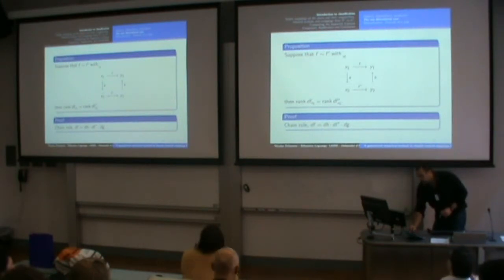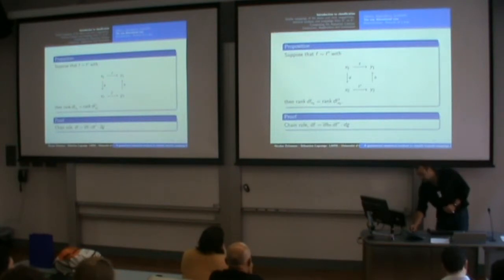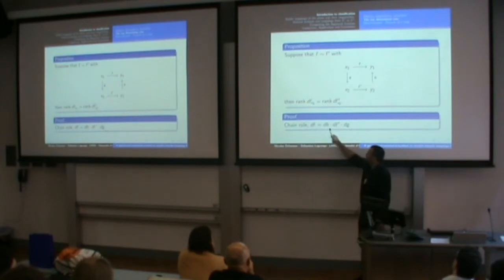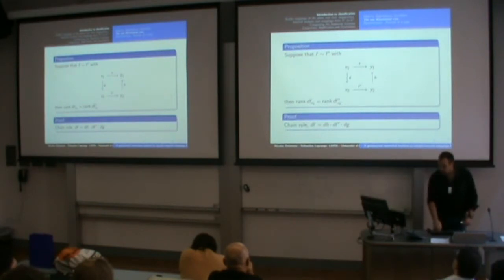So you apply the chain rule to F, as you know that F is equal to H composed with F prime and composed with G. The chain rule gives you this, and as you suppose that the two maps G and H are diffeomorphisms, you know that this matrix is invertible, so of course the rank is not going to be changed. So this can be seen as an invariant also.